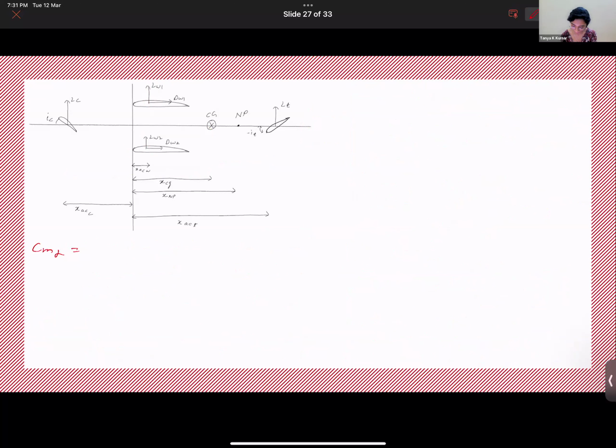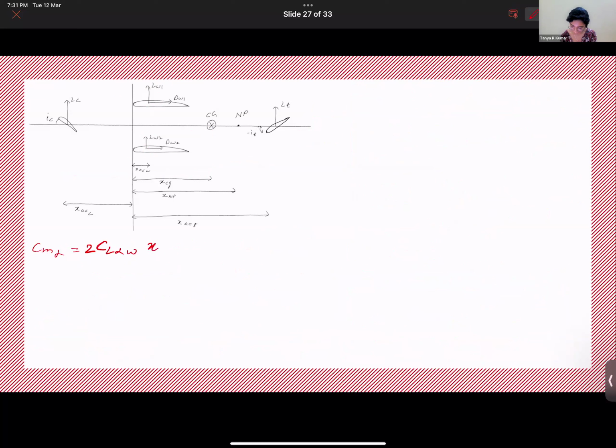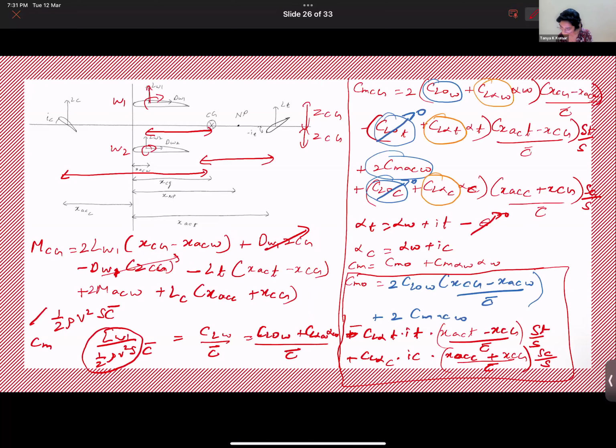So you have 2 Cl alpha of the wing into XCG minus C wing on C bar. Then what do you have? Cl alpha of the tail.